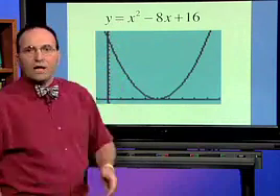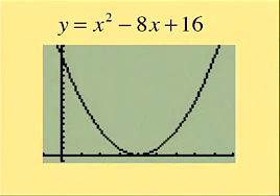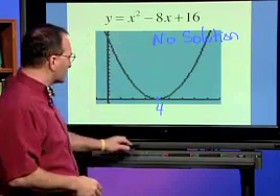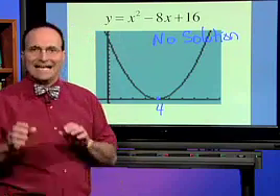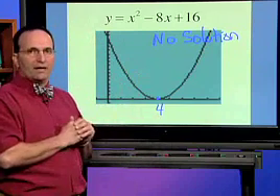Therefore, that inequality has no solution. You can see clearly that, yes, it does intersect right here at 4, but it doesn't go below. And therefore, this has no solution, because, again, there's no values that can make that negative. It lies entirely at the axis or above.